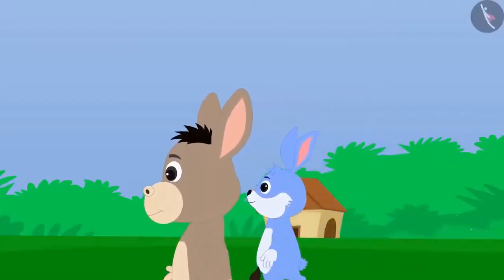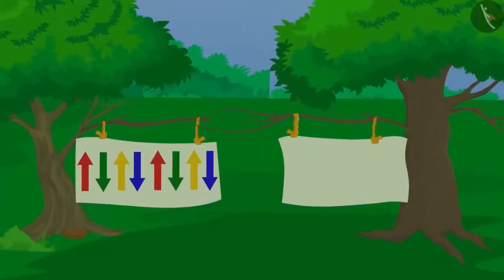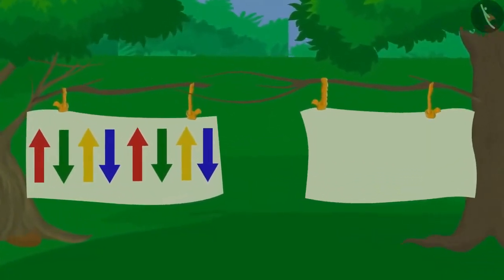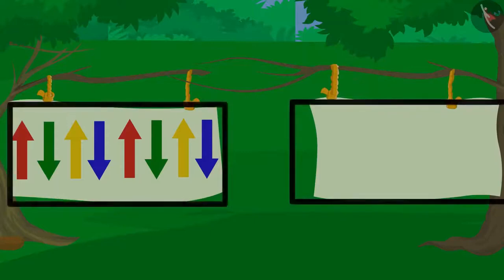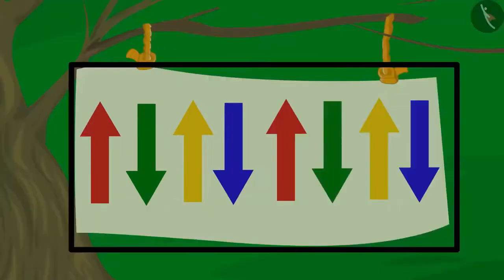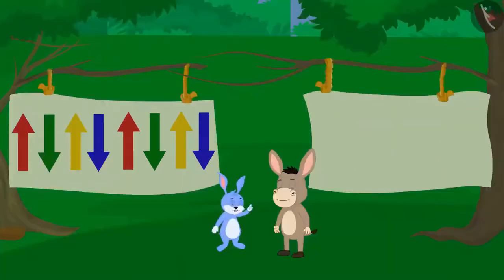At some distance, they saw a curtain between two trees. The curtain is divided into two parts. This kind of a pattern is made on one part of the curtain.